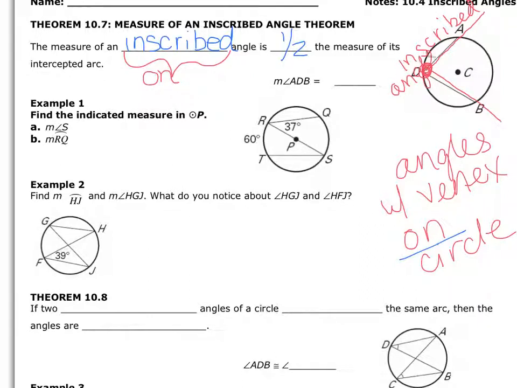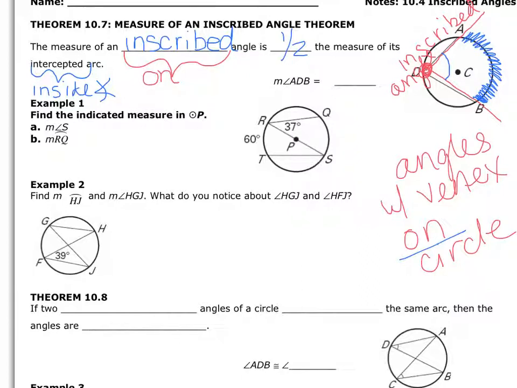Now, the next part of that definition says the measure of that angle is half the measure of the intercepted arc. The intercepted arc is the arc that's inside the angle. Inside of this angle, you can trace from one side of the angle to the other. That's going to be the intercepted arc, and in this case it is arc AB.